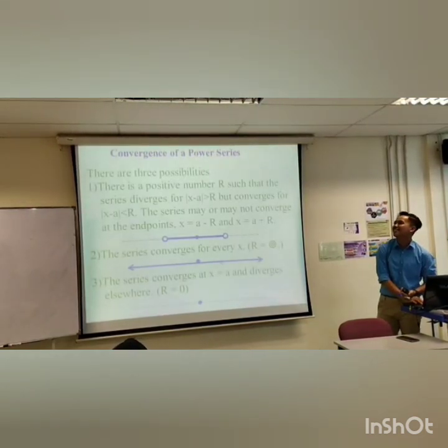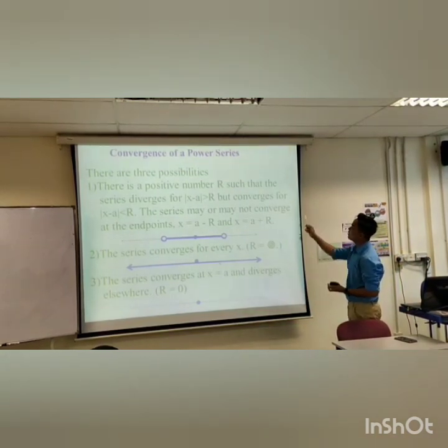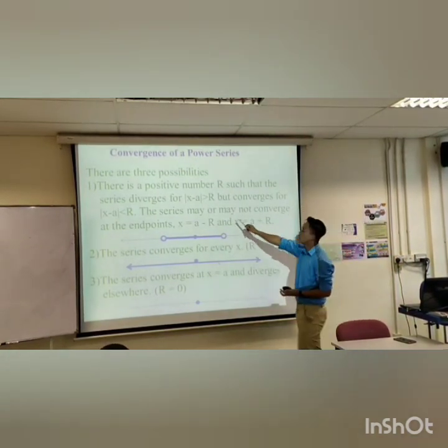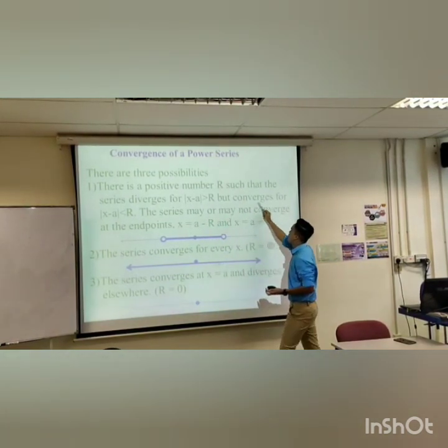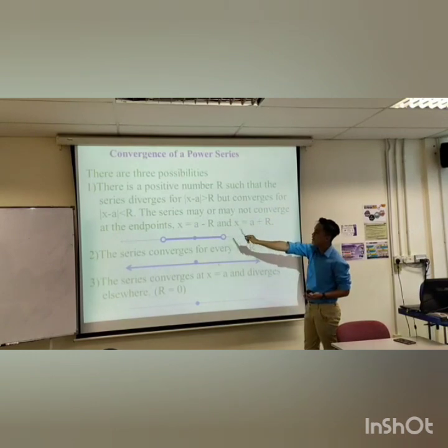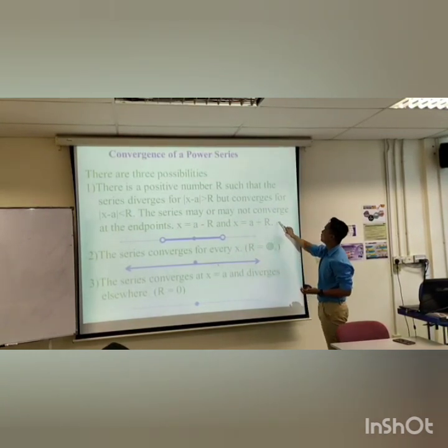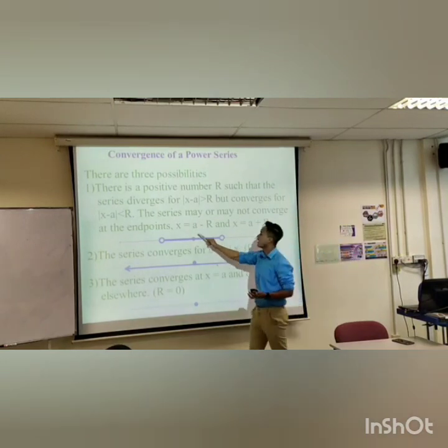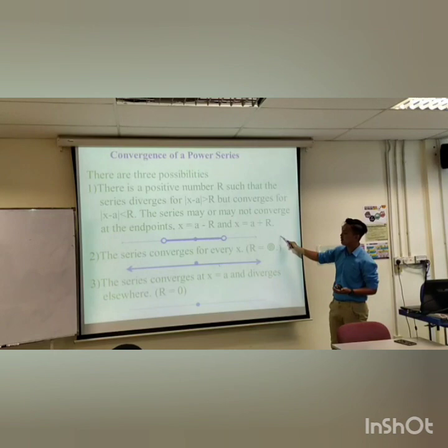Convergence of the power series. There are three possibilities. One, there is a positive number r such that the series diverges for modulus x minus a bigger than r, but converges for modulus x minus a lesser than r. The series may or may not converge at the endpoints x equals a minus r and x equals a plus r.